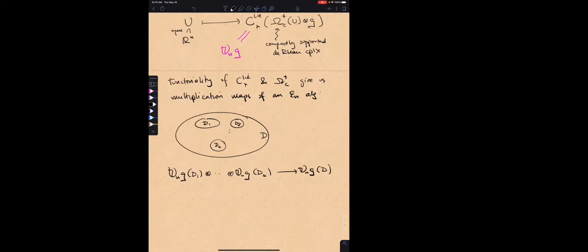If you do this with some care, you can extract an EN algebra. So Un of G is an EN algebra.